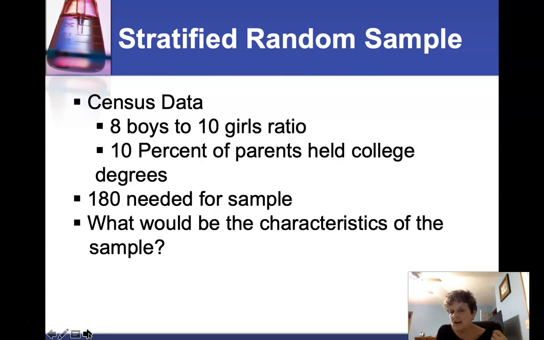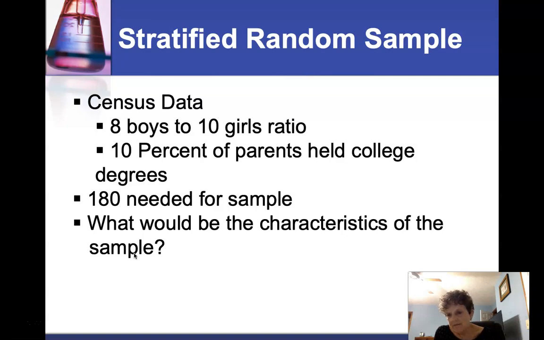So what would be the characteristics of this sample? So if we know we need 180 and it's 8 boys to 10 girls, think about this. What would be the percentage? So if we have 180 in our sample, we'll have 100 girls. 10% of that 100 would be 10 with parents with college degrees.